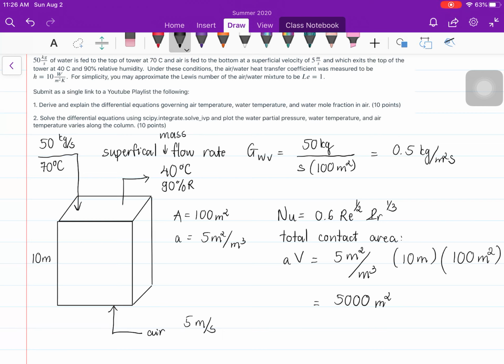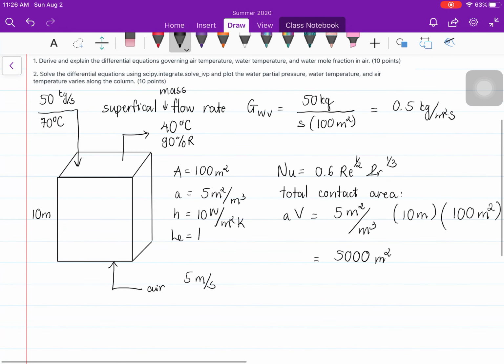Under these conditions, the air-water heat transfer coefficient was measured to be h equal to 10 watts per meter squared Kelvin. For simplicity, the Lewis number of air-water mixture would be 1.